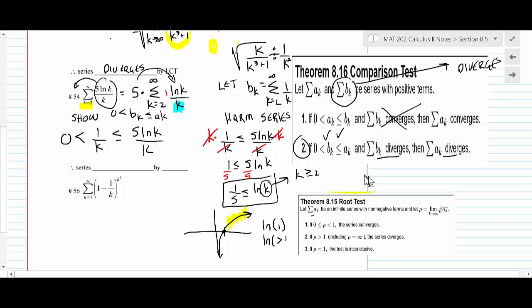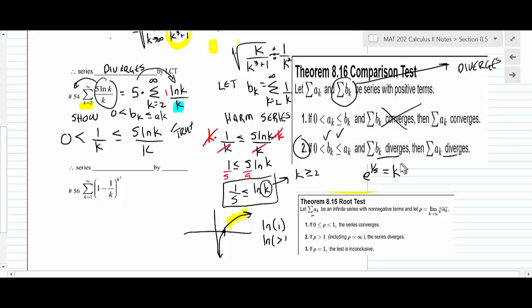So you could say e to the 1/5 is equal to k. So as long as k is bigger than that, then you're going to be okay. So since k starts greater than or equal to 2, you're going to be fine with that. Okay, so that means that that's going to be true.